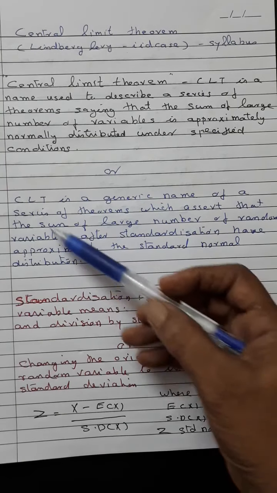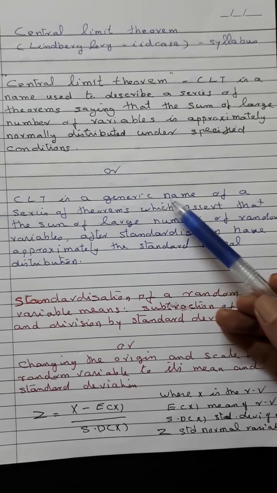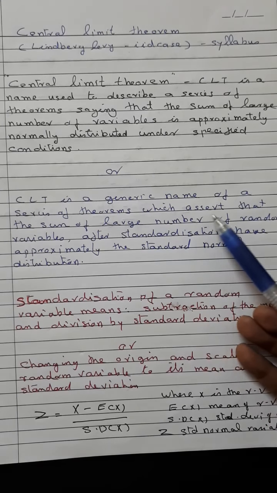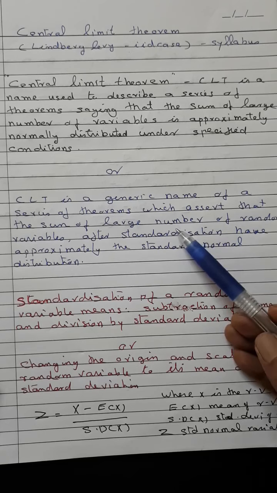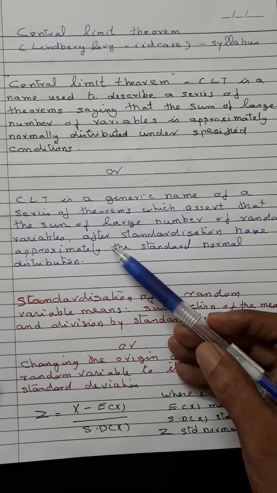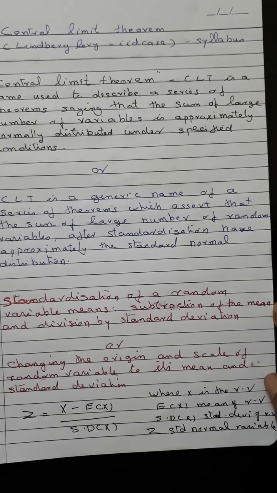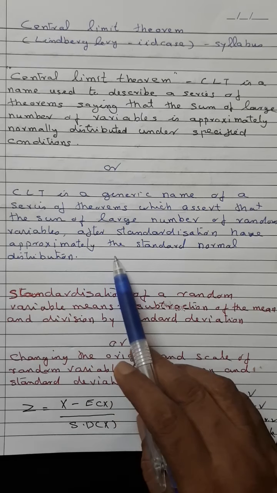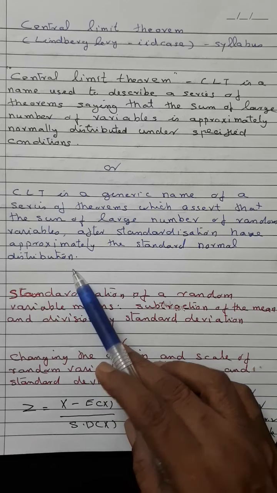Or we can again say CLT is a generic name of a series of theorems which asserts that the sum of a large number of random variables after standardization has approximately the standard normal distribution.